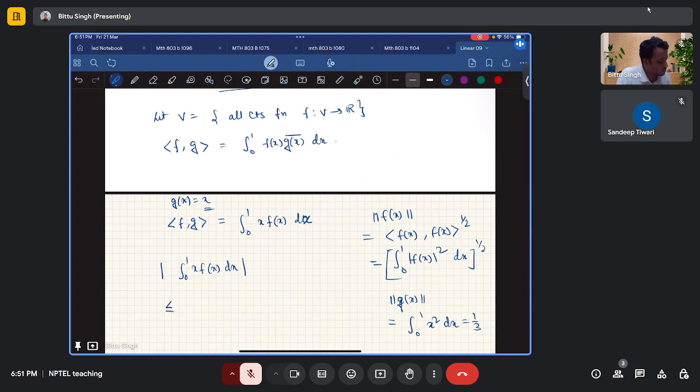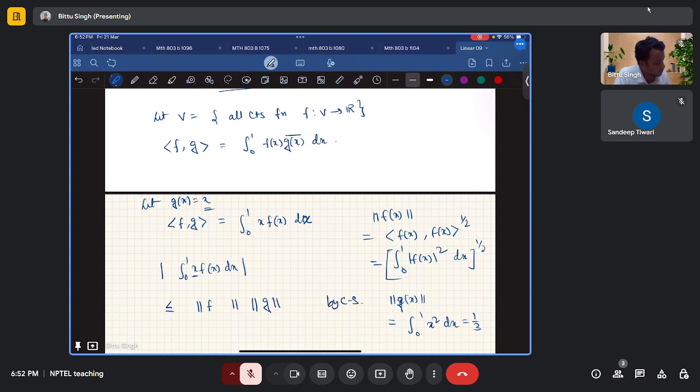So by Cauchy-Schwarz inequality, this is less than or equal to the norm of f times the norm of g, because g is assumed to be that function x.